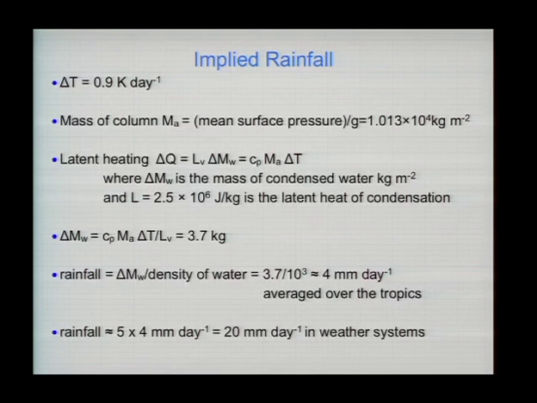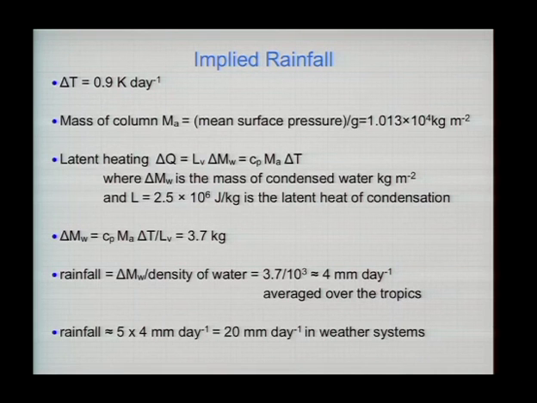This also tells us something about the implied rainfall. These calculations tell us something about how much rain is falling. So we're heating at about 0.9 degrees per day, and the mass of the column we already worked out is the mean surface pressure divided by gravity. And we've said that in the upward region, the balance is upward motion, latent heating in the clouds.